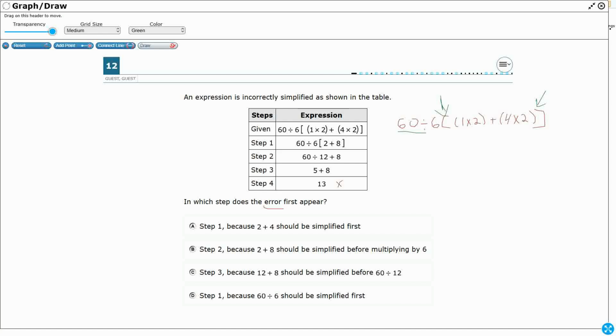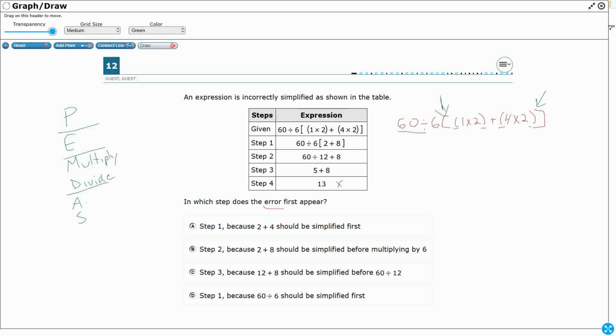But honestly, we don't even need these parentheses because look, we have to multiply inside each of these. If we rip these parentheses off, we're still going to multiply before we add. Because remember, we've got our Please Excuse My Dear Aunt Sally, right? Multiplication and division are on the same level. They are inverse operations.